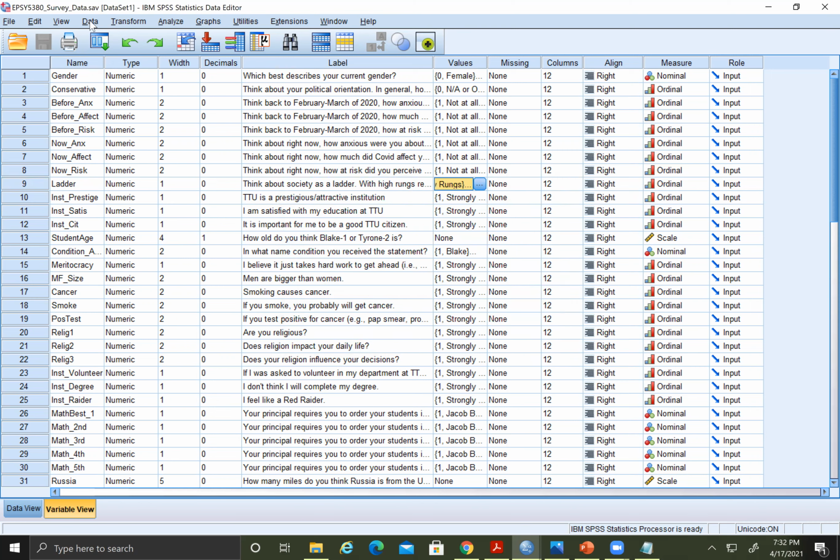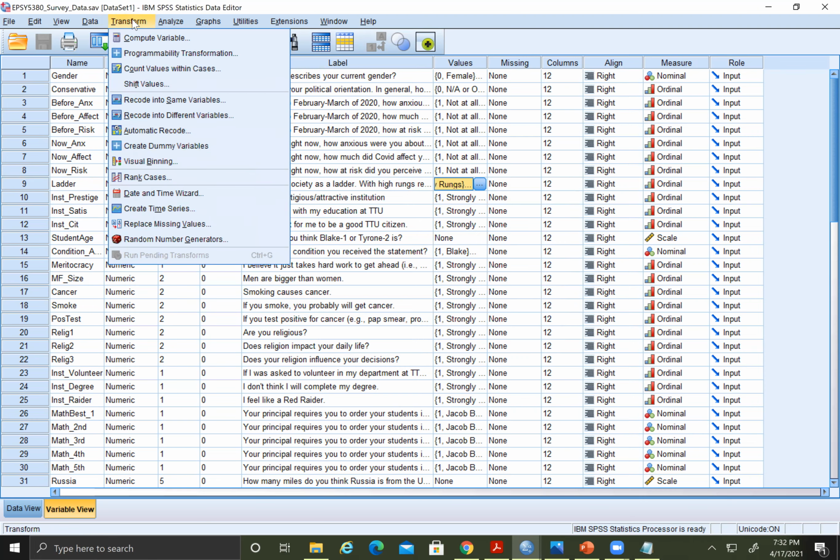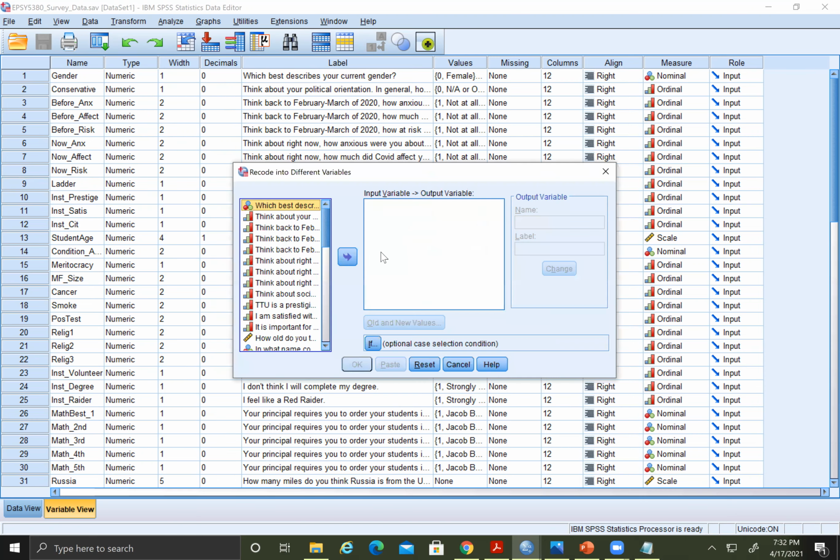To do this, we go to Transform, Recode into Different Variables. Let's click that. What we do here is select the variable, ladder, and then I'll name this a little differently, maybe as society ladder.